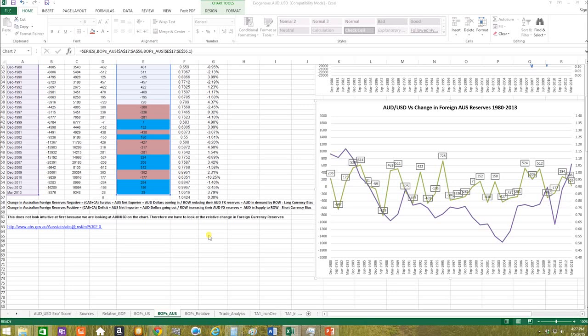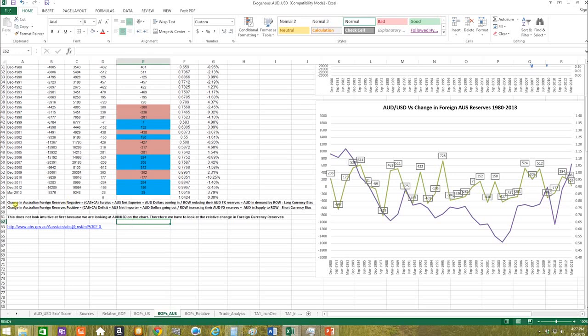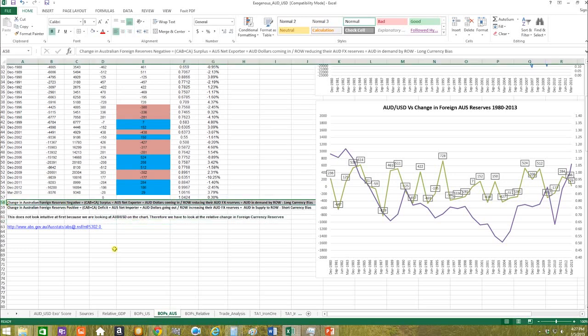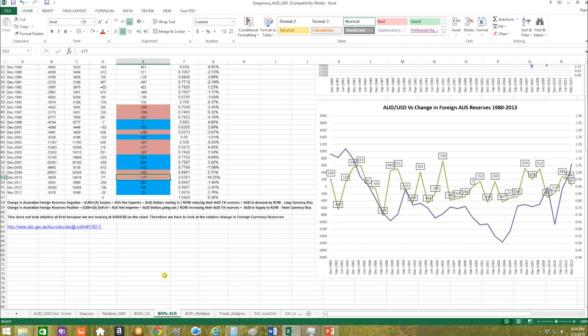The Australian trade data we treat in exactly the same way as the US trade data. So if we have a change in Australian foreign reserves that's negative, so in column E we have a negative number, that basically means we have a positive number in column D. So the error is positive for the current account balance plus the capital account balance.